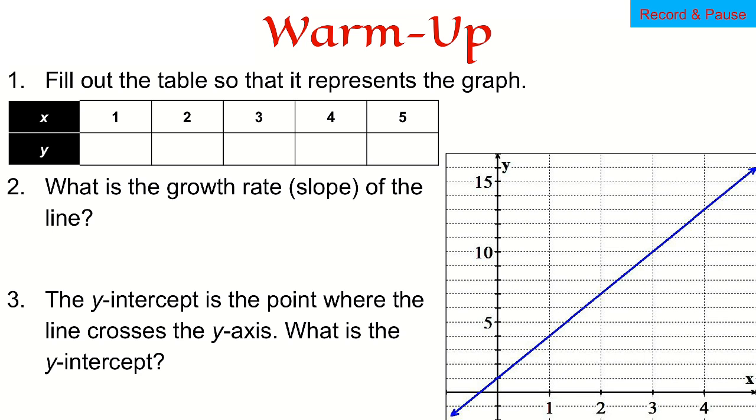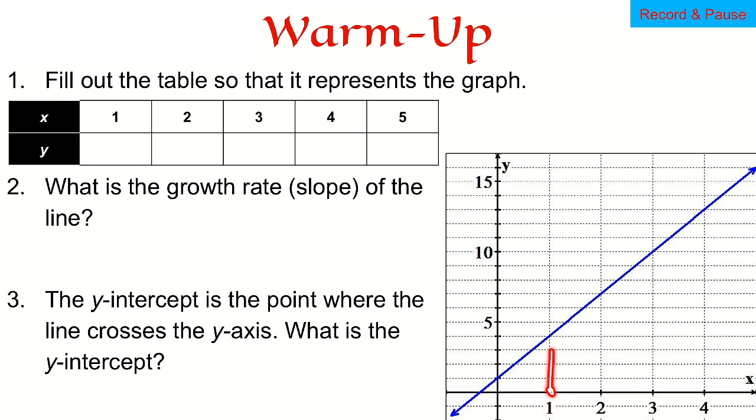All right, here we are at the warm-up, and this asks us to fill out the table so that it represents the graph. What we notice here is that our x values are given in the table, and we need to fill out the y values. So when x is 1, what is the y value?